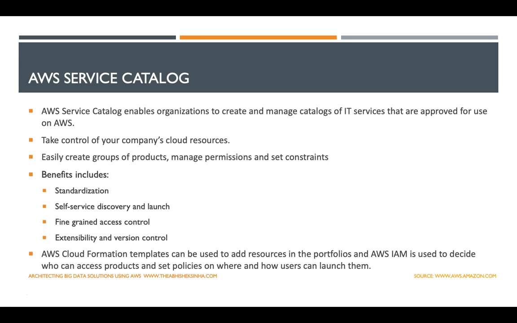Then you can also look into AWS Marketplace. You can select those products and services, and add them into your enterprise service catalog, and that enables you to take control of your company's resources. So in that scenario, what would happen? Not all of your Amazon resources will be deployed as and when people want to use them.